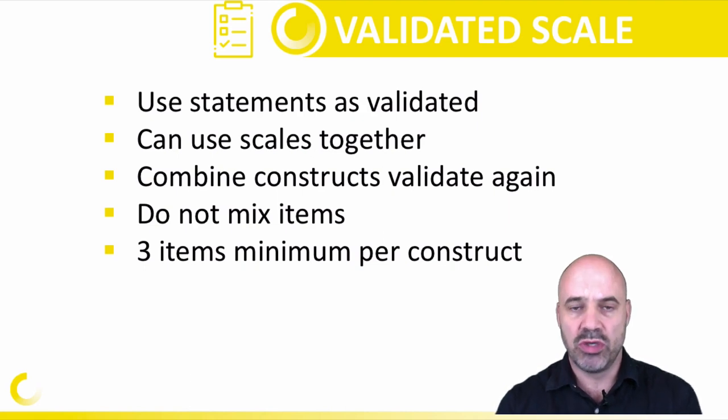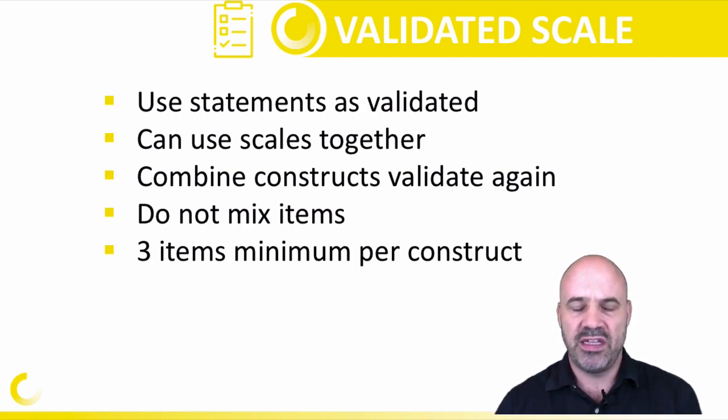What you must not do is mix your items. Say for instance you have a technology acceptance scale that's validated from one article, and another technology acceptance scale validated from another article. In both articles, the ease of use construct was validated, but in one article there are, say, 4 statements on it, and in the other article there are 3 statements on it, and now you combine the 3 and the 4 statements into one construct.